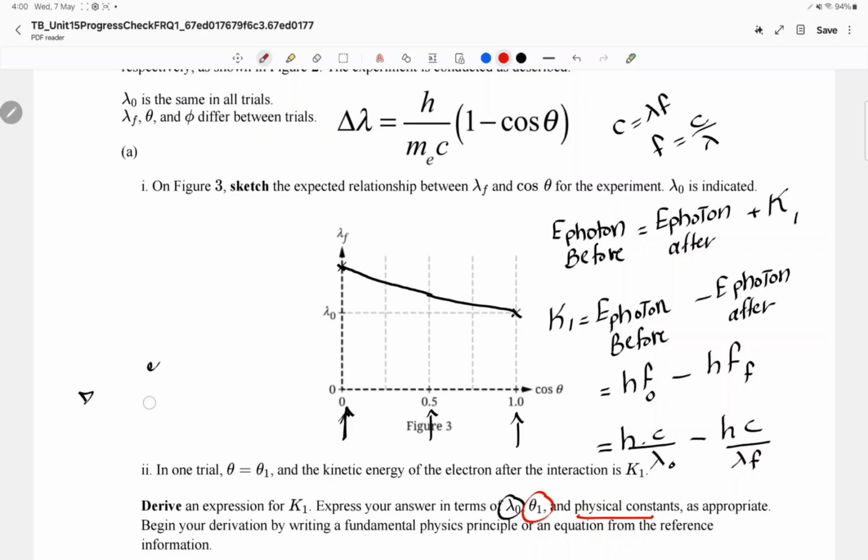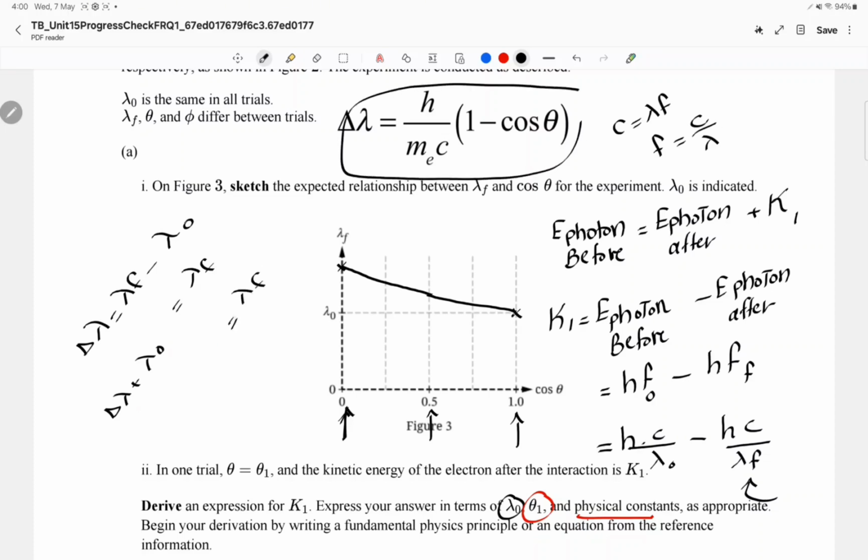Well, as you guys know, delta lambda is equal to lambda f minus lambda O, and so lambda f is equal to delta lambda plus lambda O. So I can go ahead and change the lambda f into delta lambda plus lambda O. So what's delta lambda? This guy here.